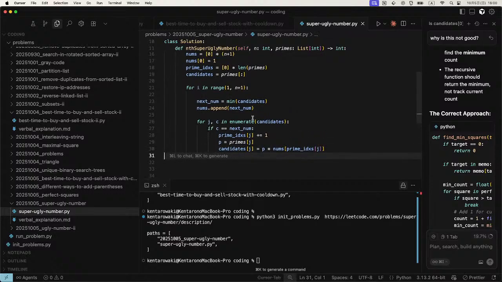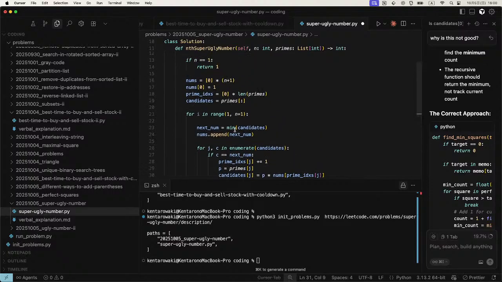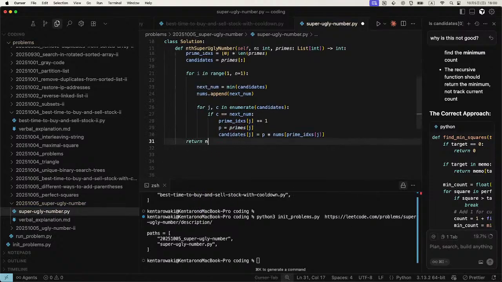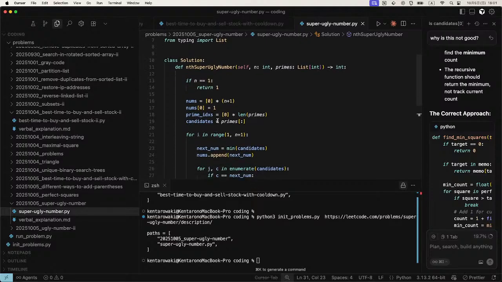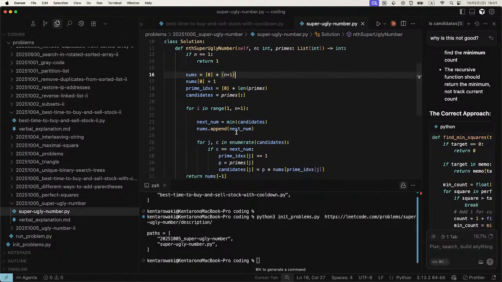Okay, that's it. And return the last element of the super ugly numbers, at index n minus 1.